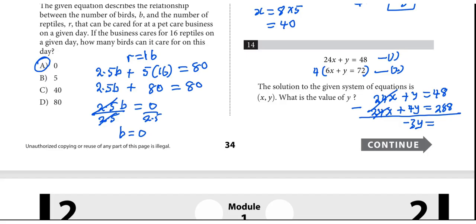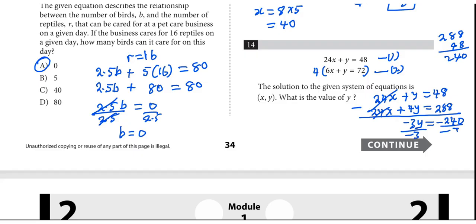Let's just do 288 minus 48, which gives 0, then 4, so this automatically is negative 240. Remember, we are doing 48 minus 288. Now we can divide both sides by negative 3.